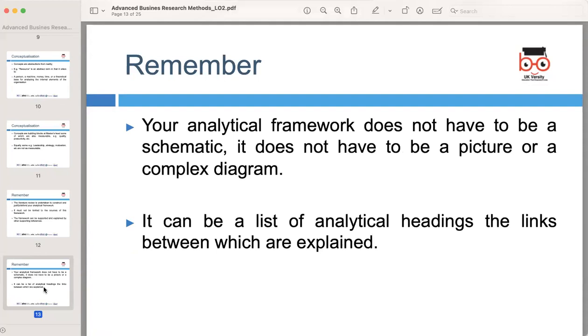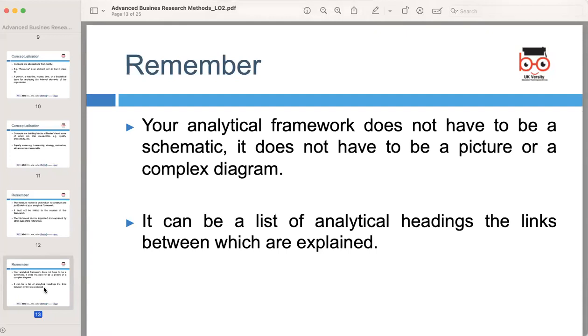And your analytical framework does not have to be a schematic. It does not have to be a picture or a complex diagram. It can be a list of analytical headings, the links between which are explained. So an analytical framework is a powerful tool that helps us organize our thoughts and approach complex problems in a structured manner.